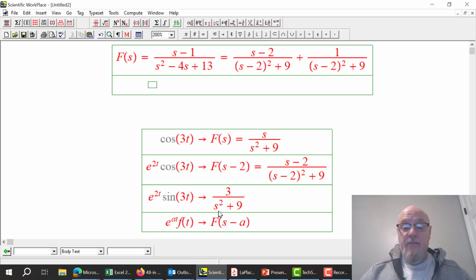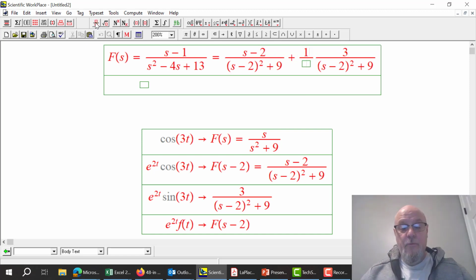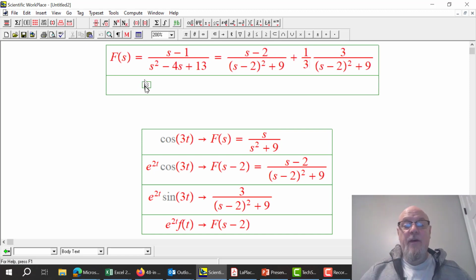Now, everywhere there's an s, that should put an s minus 2, because now the shifted version is where a is equal to 2. And now my little f of t is sine of 3t. So this will unLaplace to be this. I wish there was a 3 on top. I'm going to put a 3 on top and a third on the bottom so it balances. And now I'm set to unLaplace both sides.